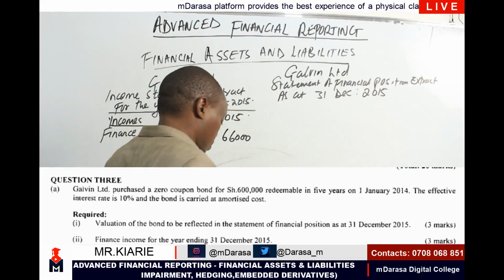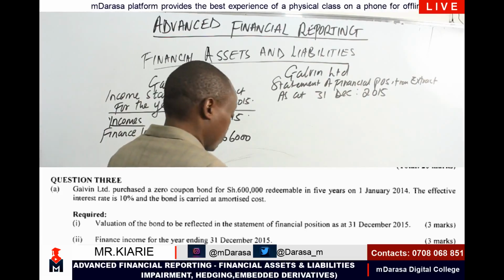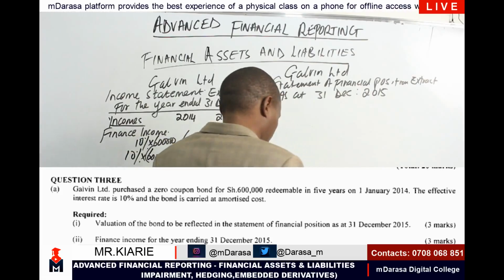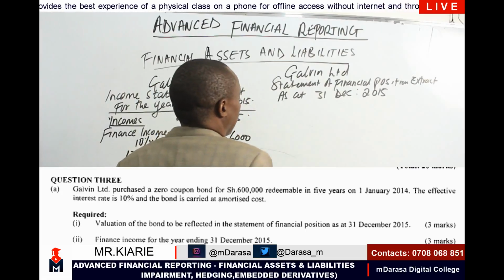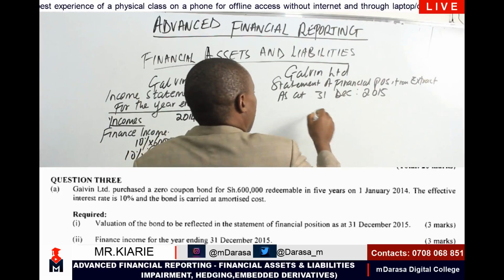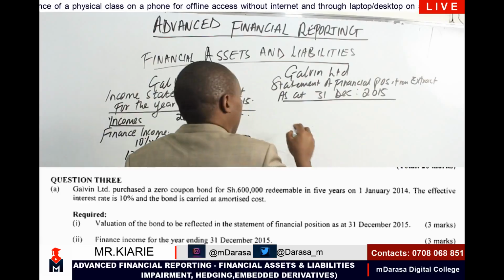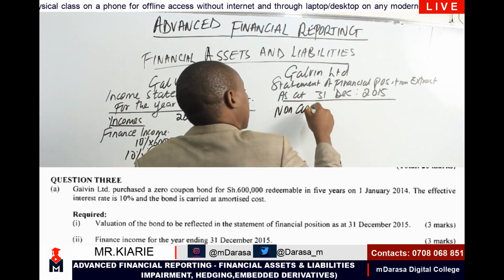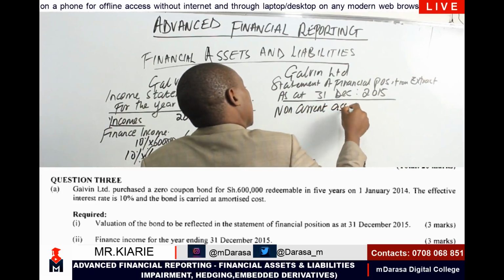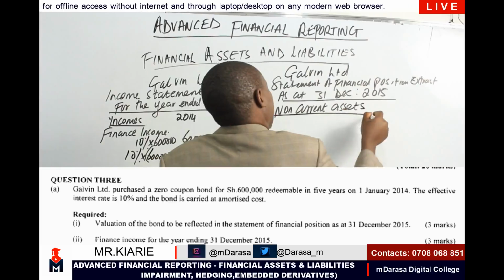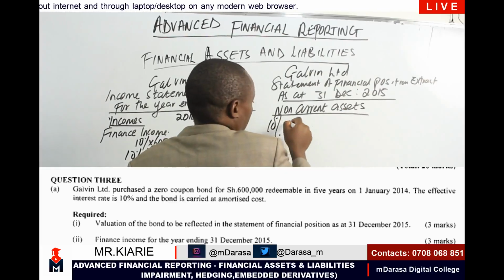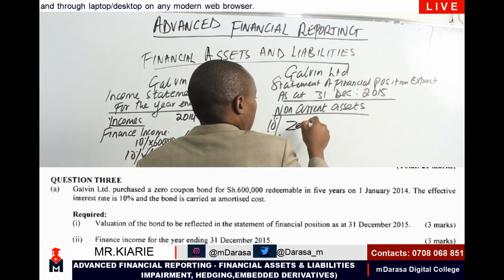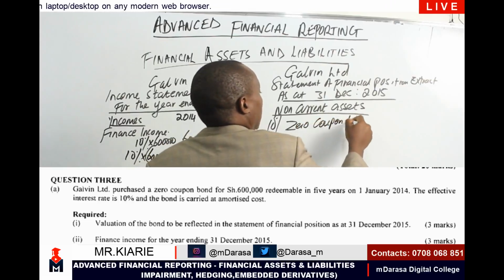Therefore, under non-current assets we have a 10% zero coupon bond.